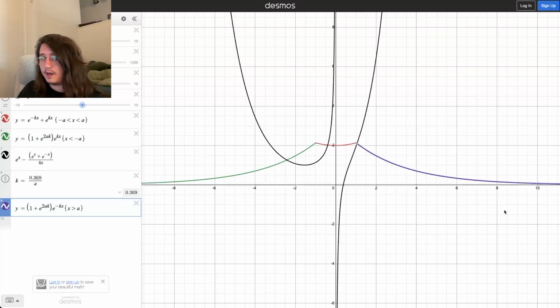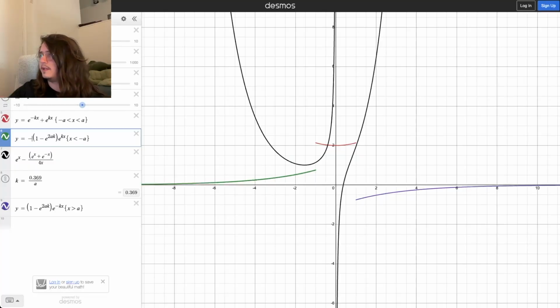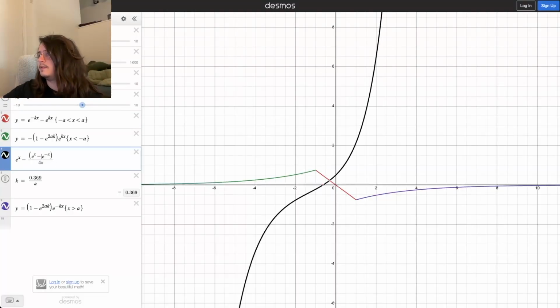You want to talk about the odd solutions? This gets even weirder. So for the odd solutions, we just make this negative, and we make this negative with a negative sign. We make this negative, and also this negative.